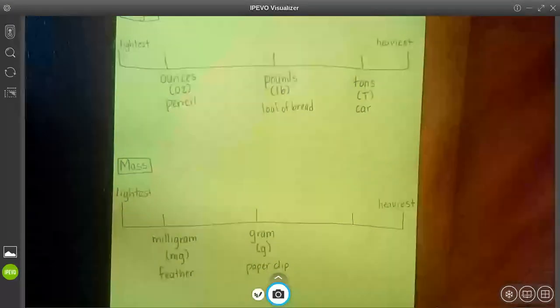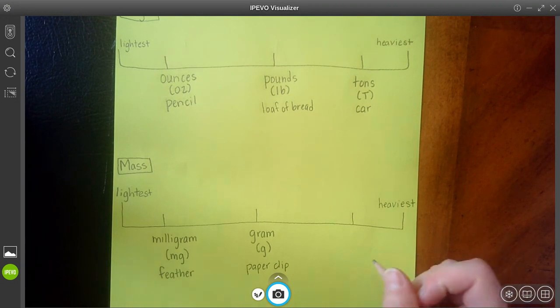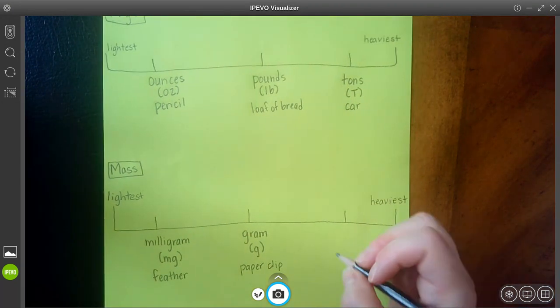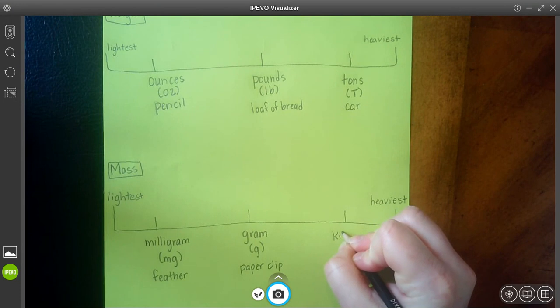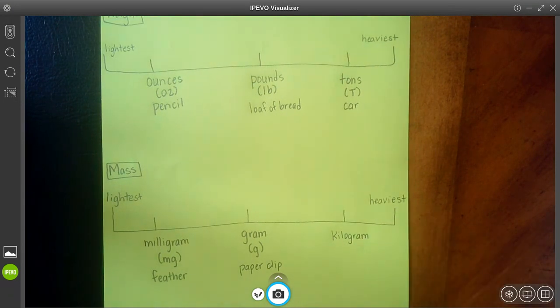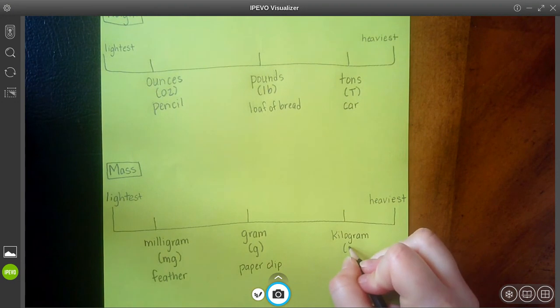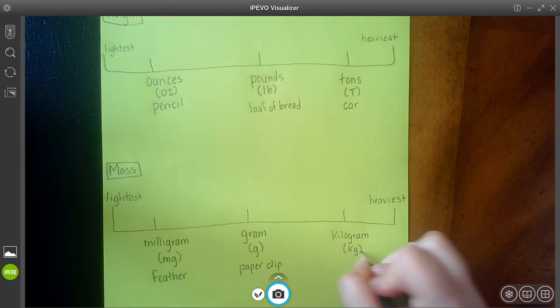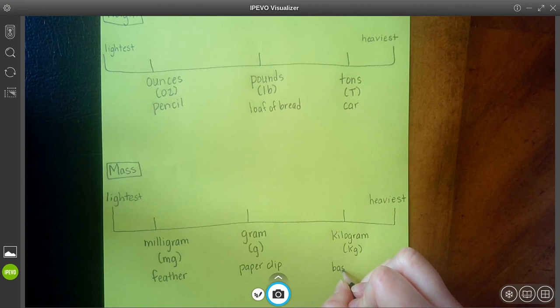A paper clip, a ladybug, something of that. Then the heaviest unit of mass is going to be a kilogram. When I think of a kilogram, which is abbreviated kg, I think of like a baseball bat.